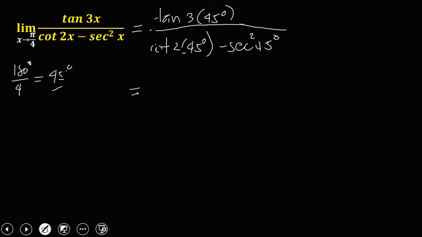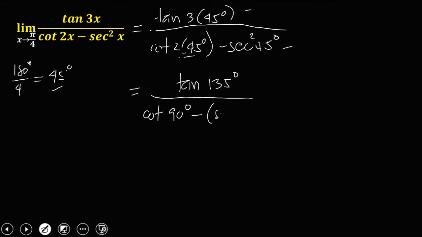Then simplify, so this 3 times 45. So we have tangent 135 degrees over this 2 times 45, that's cotangent 90 degrees. Then minus, we can rewrite this one as secant 45 degrees, then we have this square outside.